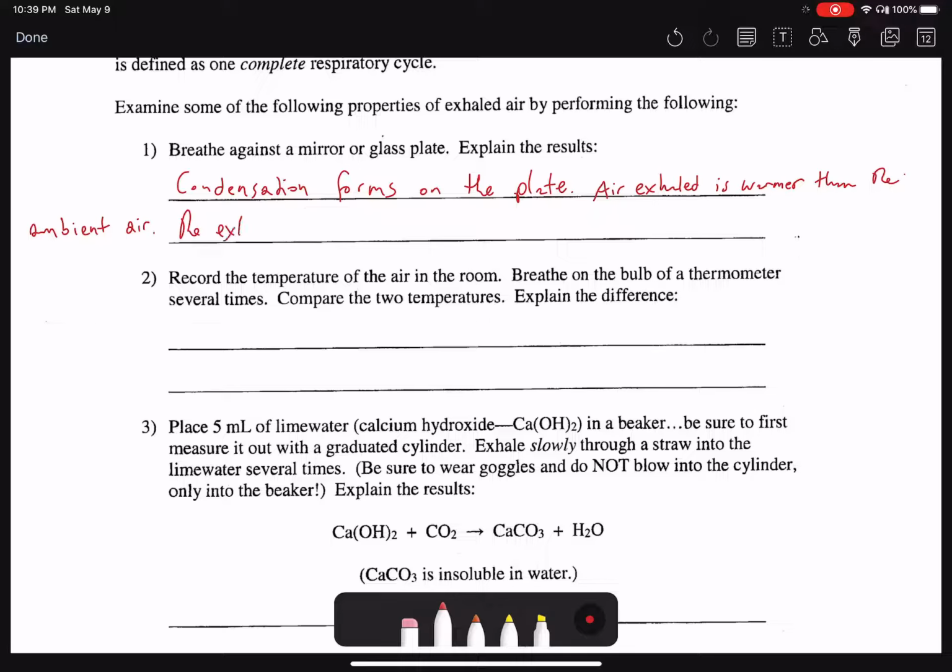The exhaled air cools when leaving the respiratory tract.